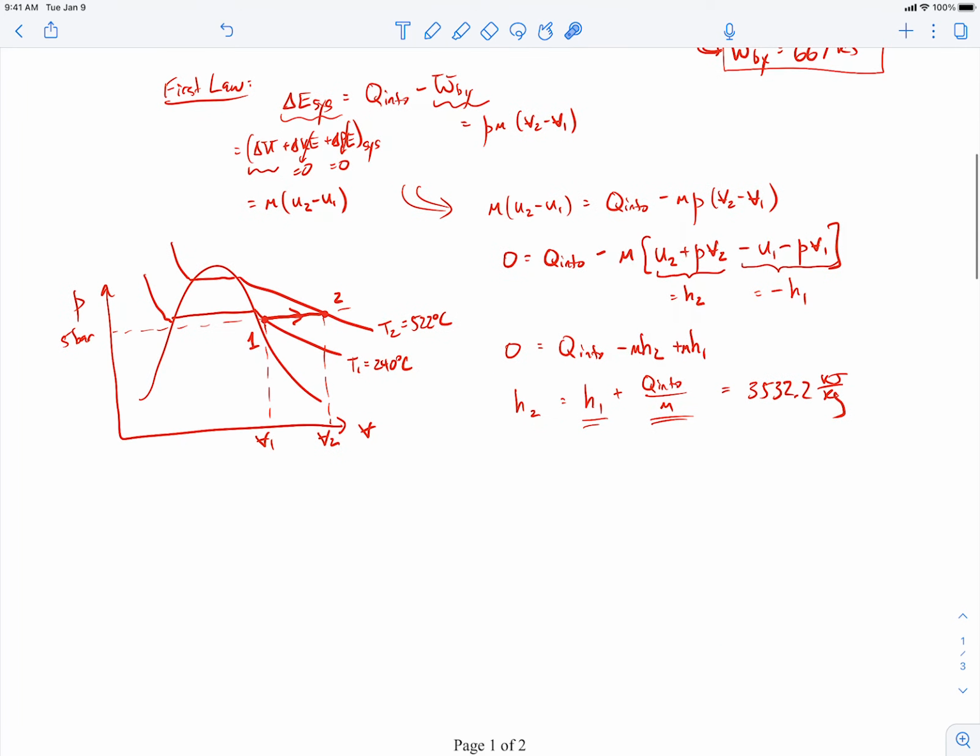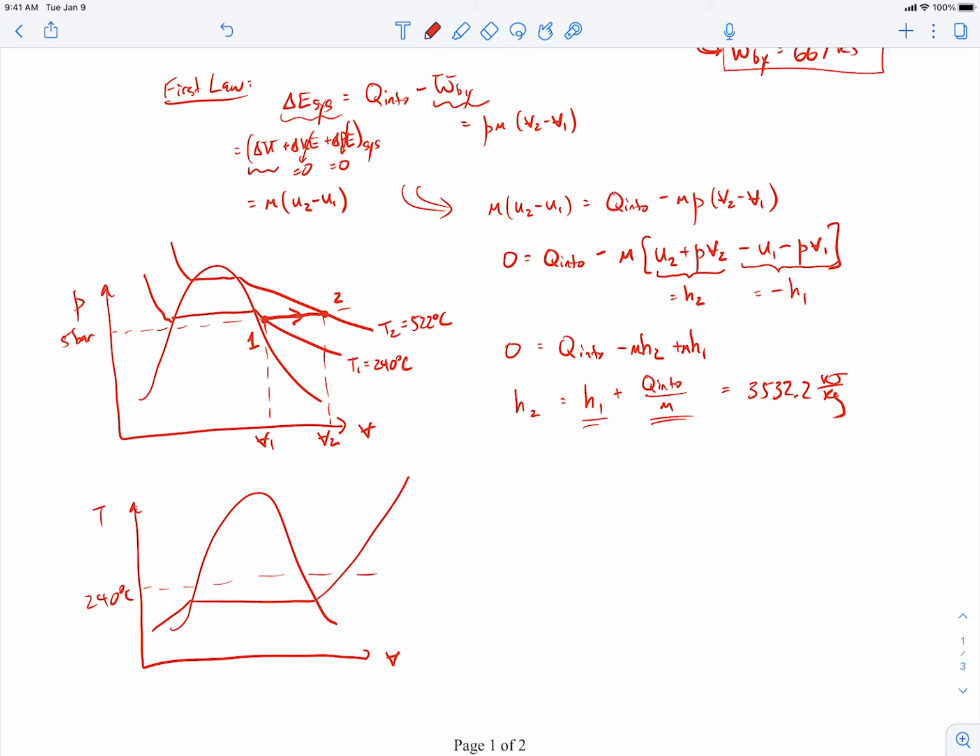And if we want to sketch it on a TV plot, let's do that. Again, here's our vapor dome. T1 is down here at 240 degrees C. Let me go ahead and draw the isobar for that one. And remember, we're still in a superheated vapor phase.